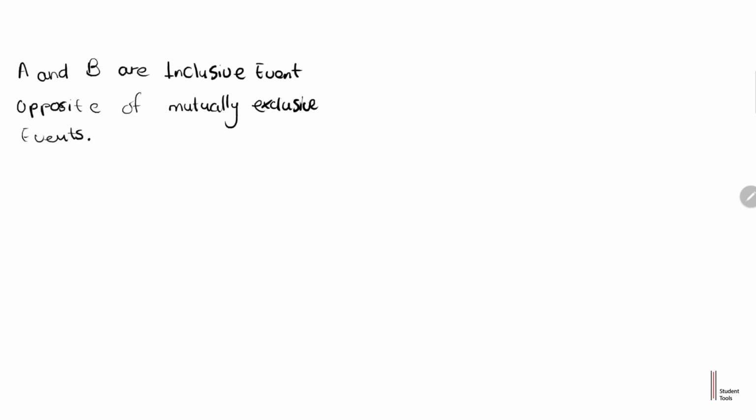Remember, on the previous question, we discussed mutually exclusive events. We discussed that mutually exclusive events do not have an intersection because they do not occur at the same time. But for inclusive events, they occur at the same time, and that means they do have an intersection.